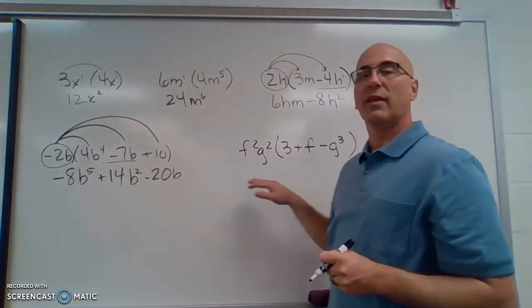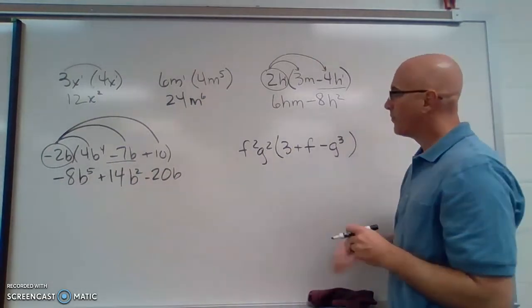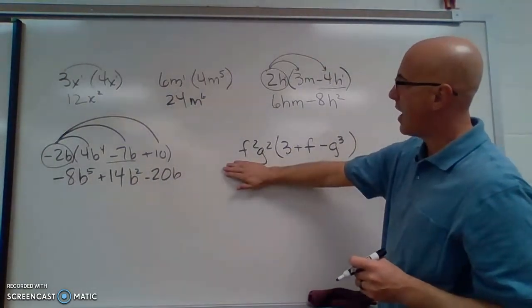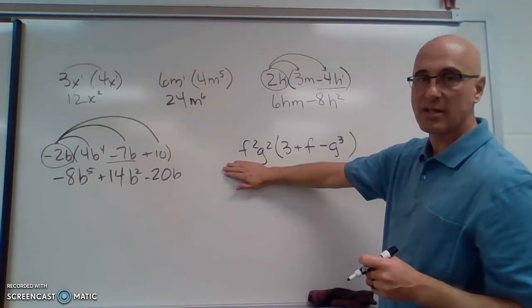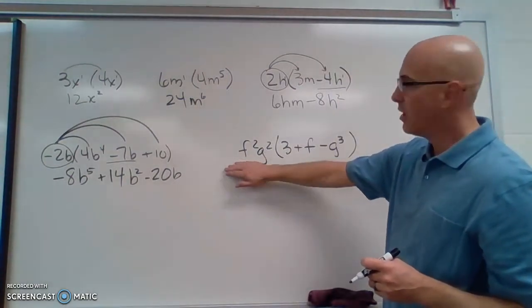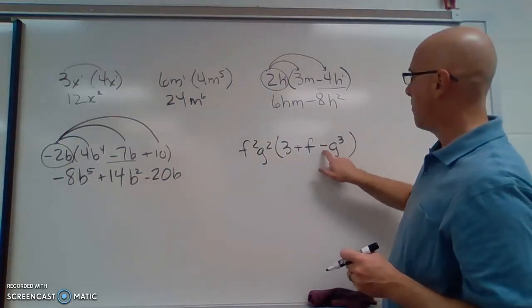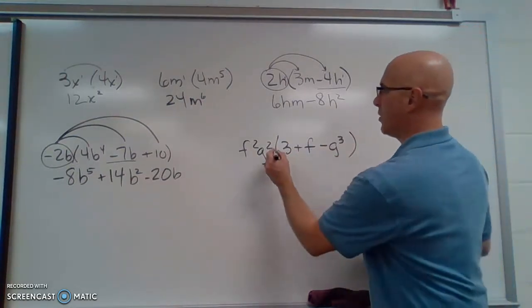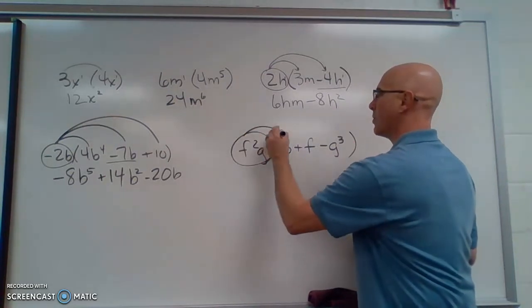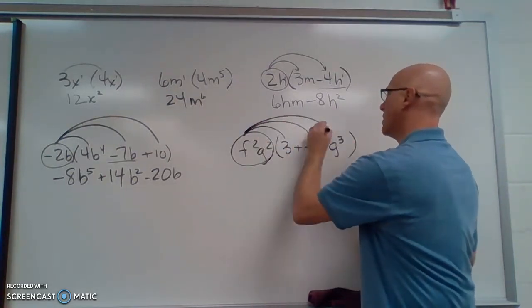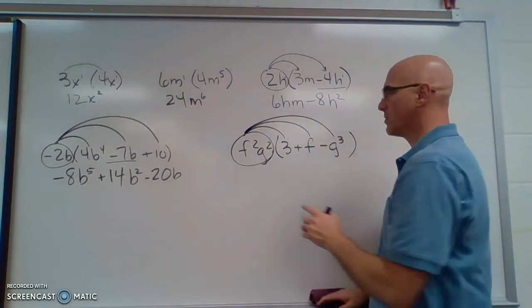And the last one gets a little bit more complicated. Our monomial is f squared g squared. You're multiplying it by 3 plus f minus g to the third. We are going to take this monomial and distribute it to each of these terms.